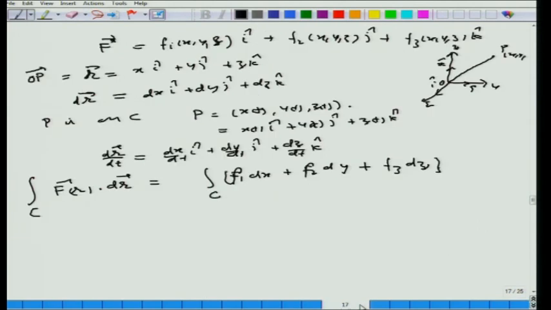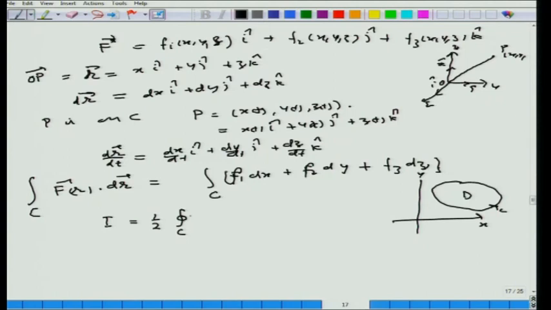Now here one particular case of this which we will be using is the two dimensional case where I is taken as half of the integral over C. So here this is a plane curve in the xy plane, and this domain D is enclosed by this C. The curve C is taken in the positive direction, counterclockwise, and since it is closed we write the circle on the integral sign, half of x dy minus y dx.